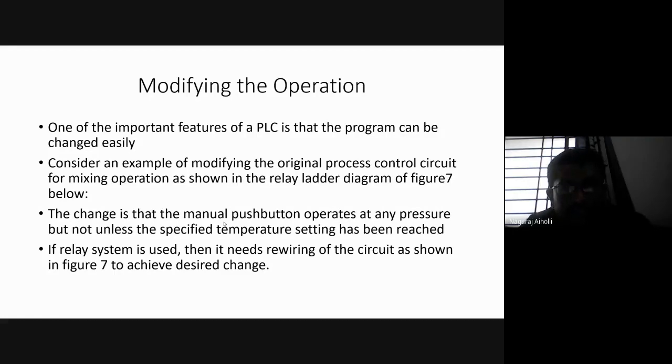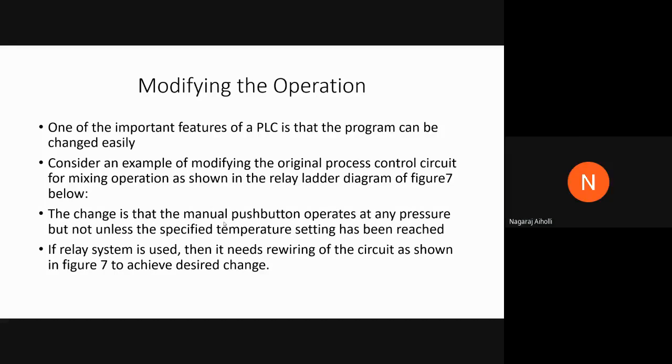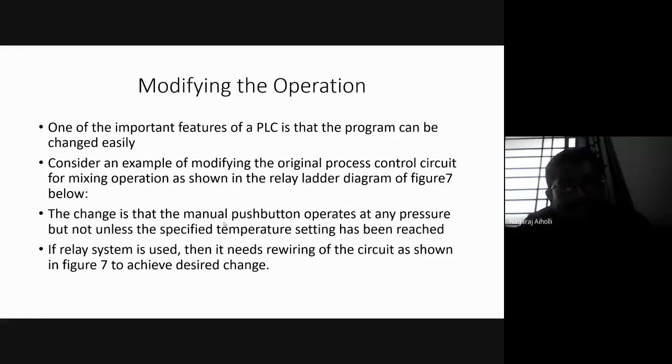But in the relay ladder diagram, it is not so easy, because there we are required to change the wirings. That is a difficulty for the relay ladder diagram. It is comparatively easier to change the program in the PLC.